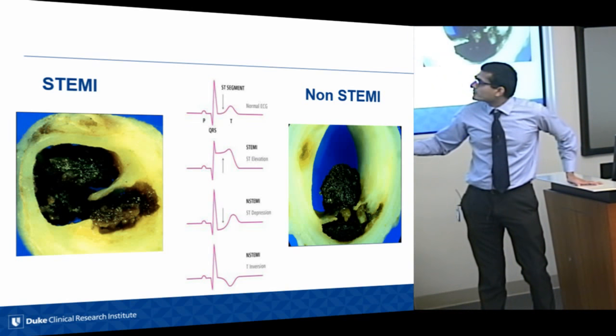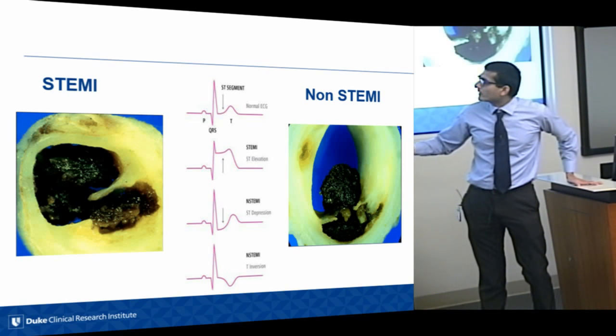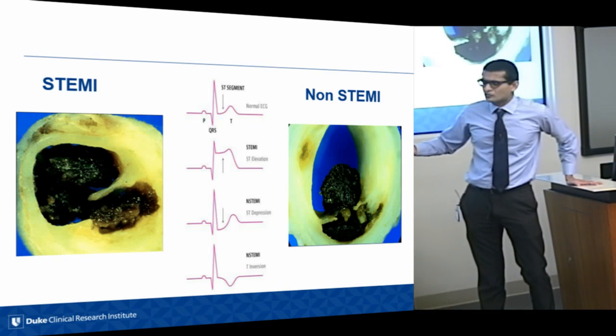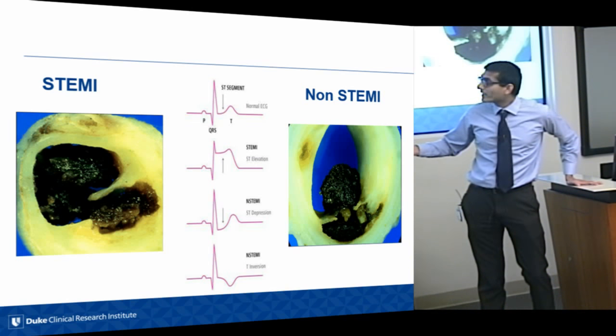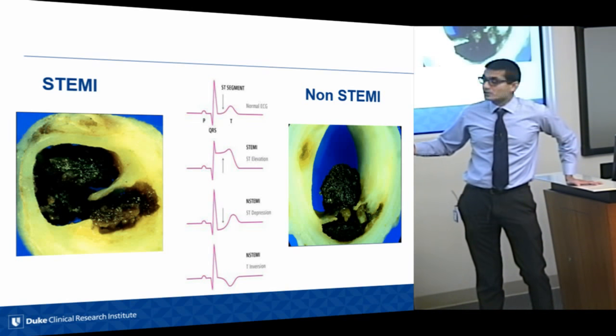That's the cap of the plaque, and that was the underlying plaque. For reasons we don't really know, this plaque ruptured right there, exposing the highly thrombogenic material within the plaque to the blood. Platelets organized and rapidly formed a clot, completely occluding this artery.